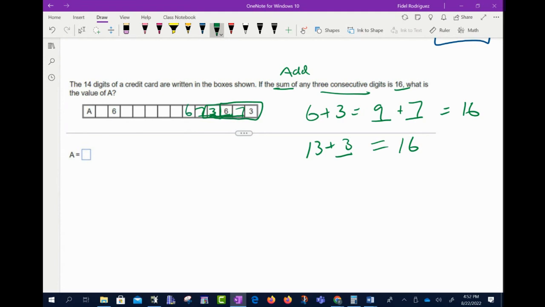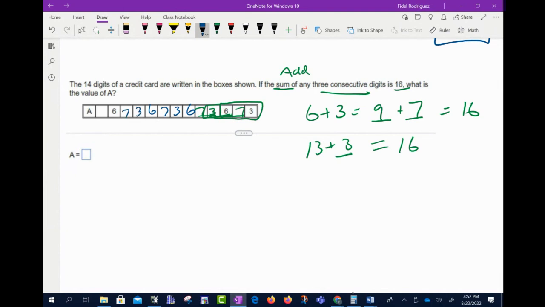And what I start noticing here, y'all, is we got a little bit of a pattern, don't we? 673, 673. Like that. 376.